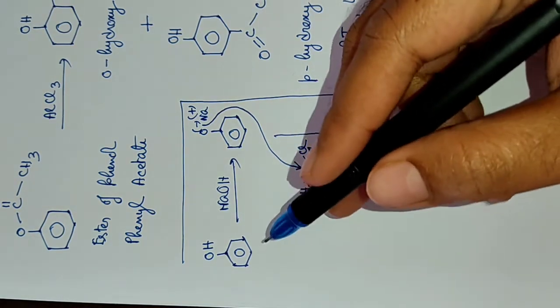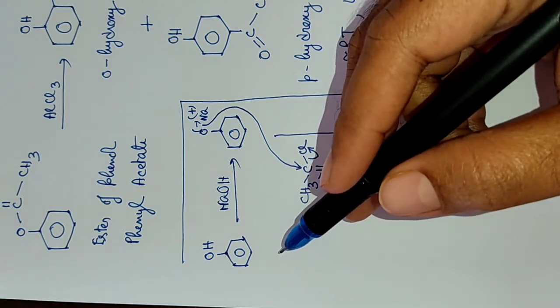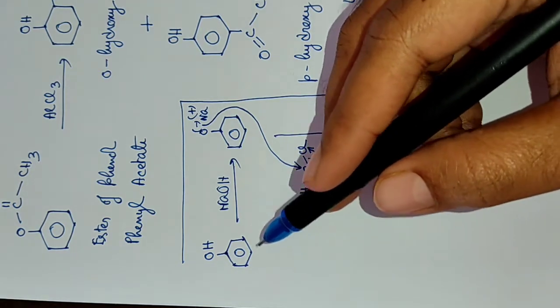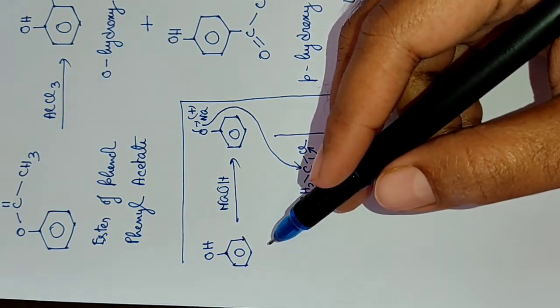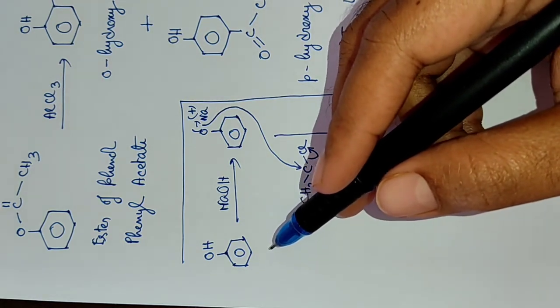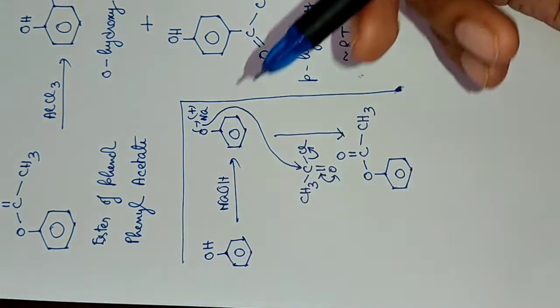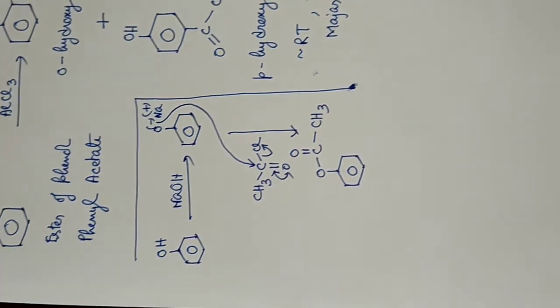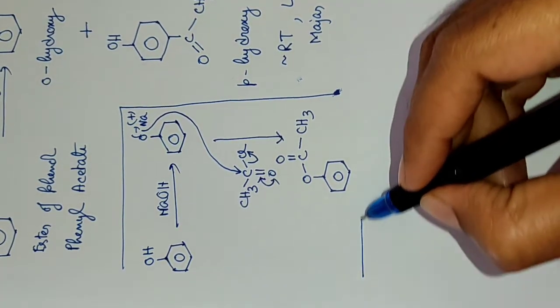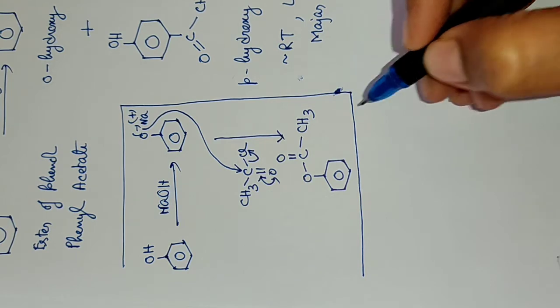Now, if you wish to have phenol from benzene, then you can watch my video on how to synthesize phenol. There are 5 processes described and you will get it in the playlist alcohol phenol. So in this way you can synthesize the substrate for the Fries rearrangement.